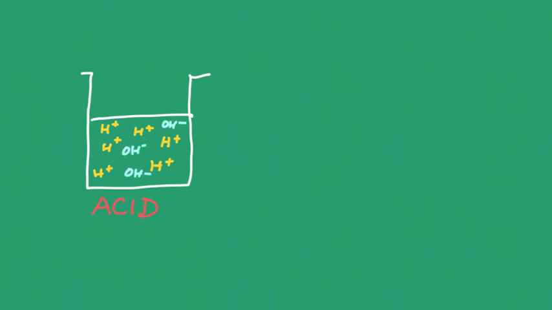Let's compare an acidic, basic, and neutral solution. If a solution is acidic, we expect it to have more hydrogen ions. So in this beaker, you can see that there are many more hydrogen ions than hydroxide ions.